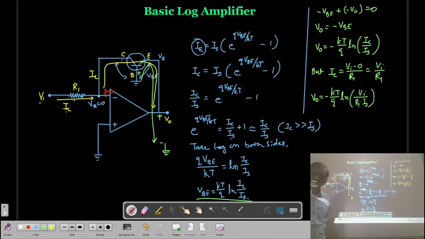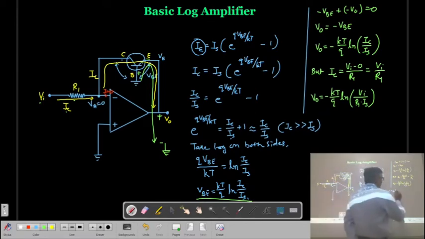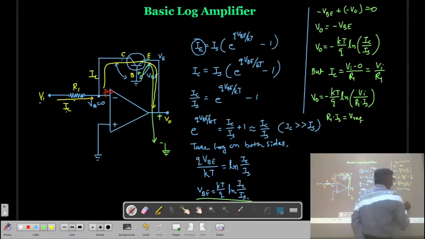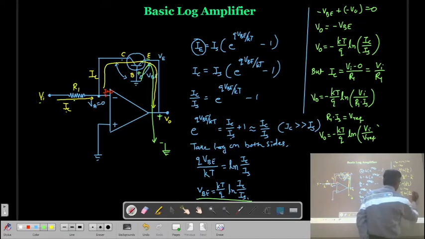So it is representing a kind of voltage, and that is known as a reference voltage. Remember. So here that R1 into IS will represent a reference voltage, and therefore we can write the output as minus KT by Q ln Vi by V reference.